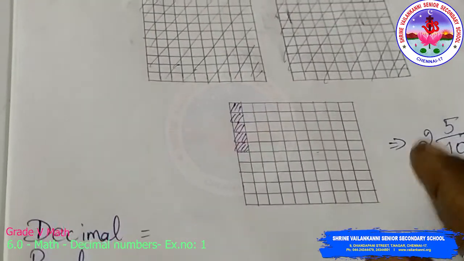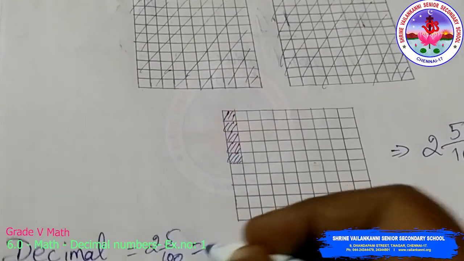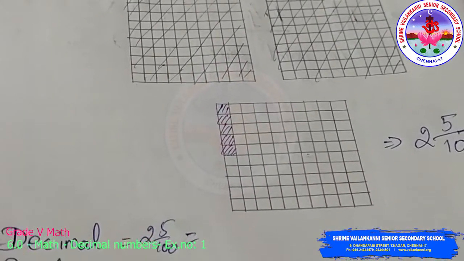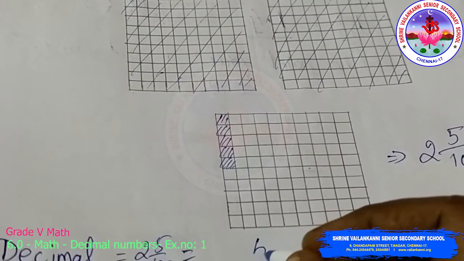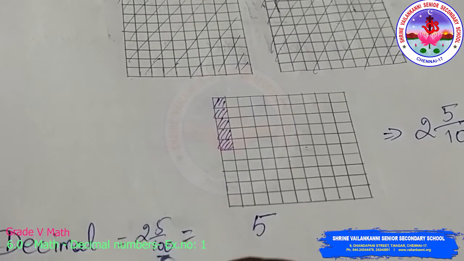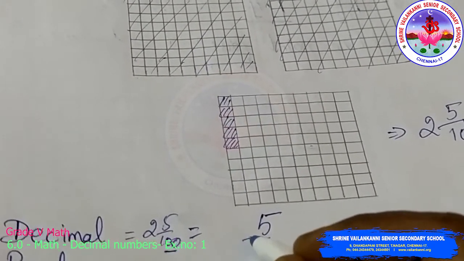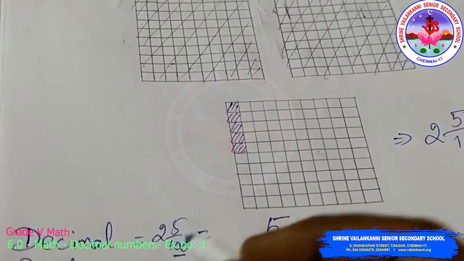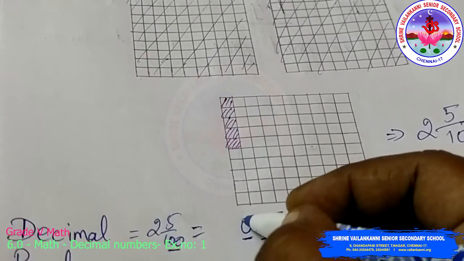Now this 2 5 by 100 should be written in decimal. First the numerator I am going to write, and in the denominator 2 zeros are there. From the right side to the left side, I have to move 2 places: 1 place, 2 places. Second place no value, so give 0.